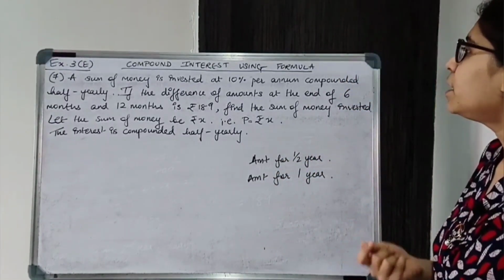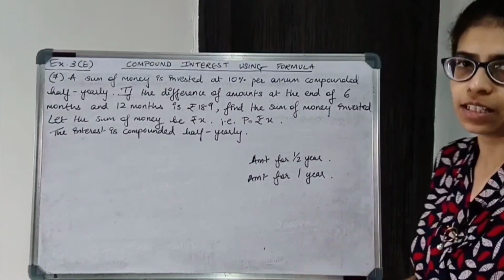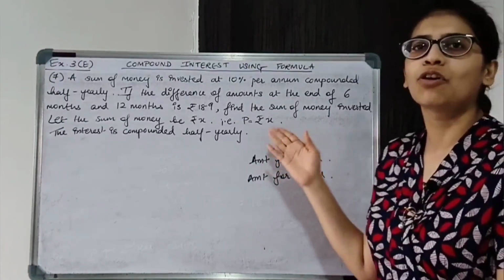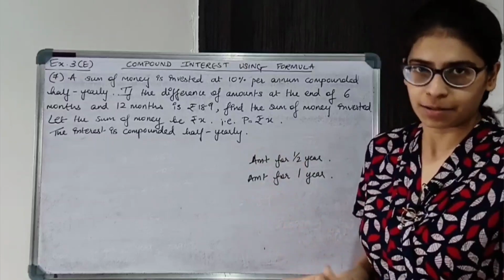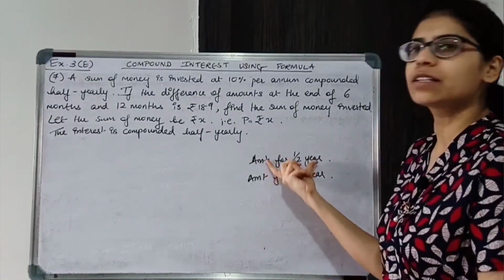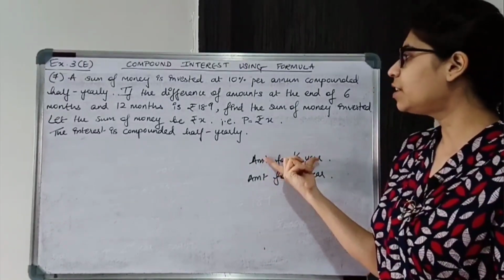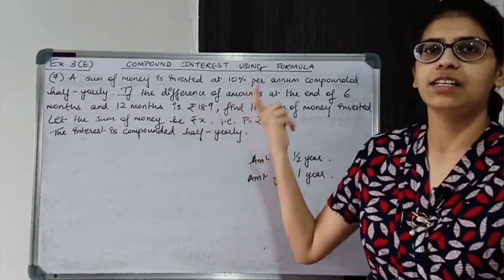The difference in amounts is rupees 189. Which one will be greater, the amount for 1 year or half year? Obviously 1 year. So amount for 1 year minus amount for half year will give you rupees 189.